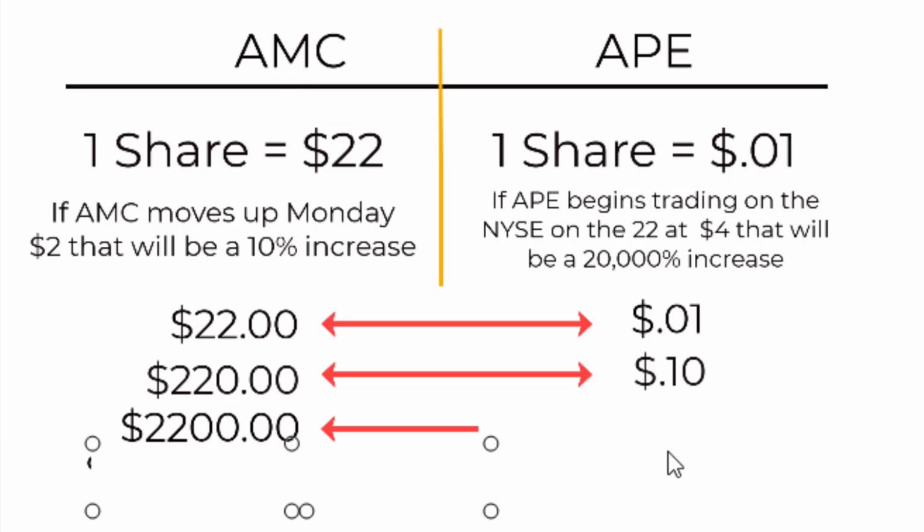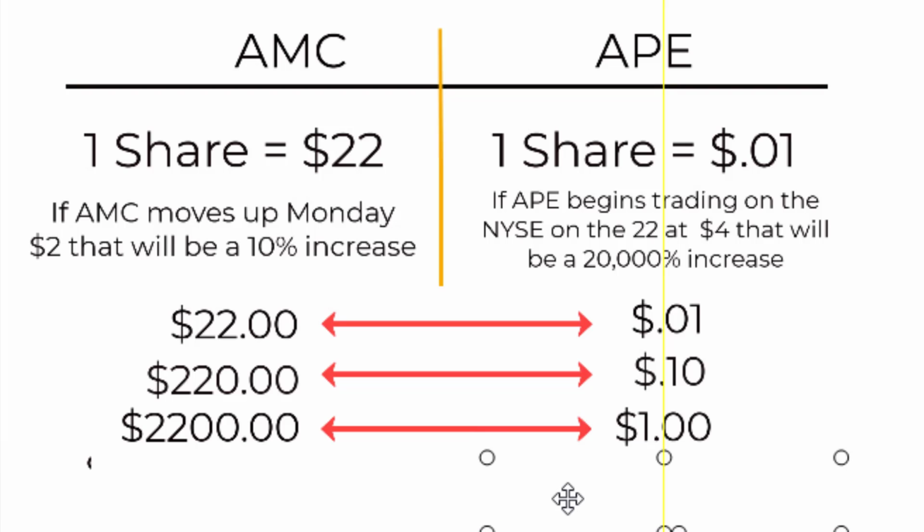If you do it again, if AMC was to gain another zero and be worth $2,200, the APE stock only has to be $1 to match that. So basically what I'm telling you is, with APE stock being $1, that's like AMC being $2,200.